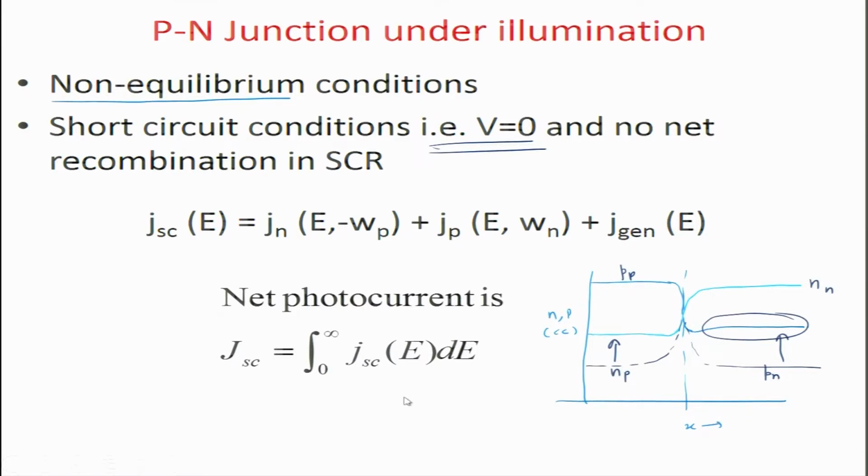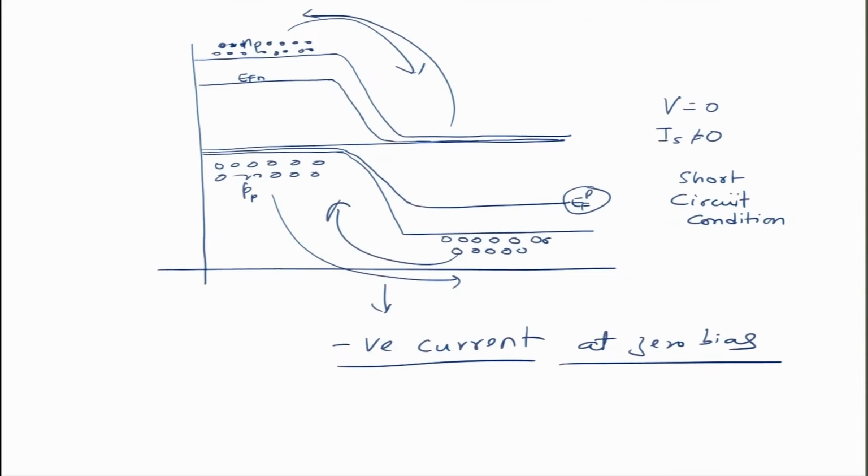This total current is the integration of the spectral current over the whole energy range. What happens here is that the quasi Fermi levels for electrons and holes are split because of the increase in population of electrons on the p side and holes on the n side. This change in the Fermi levels on the p and n side gives rise to migration of holes from n to p side and electrons from p to n side, which is counterintuitive compared to the p-n junction in dark.